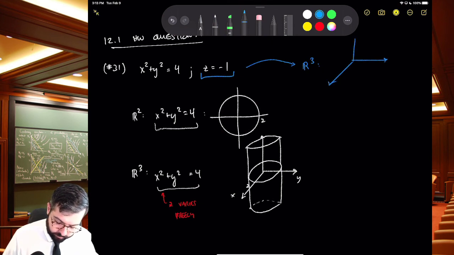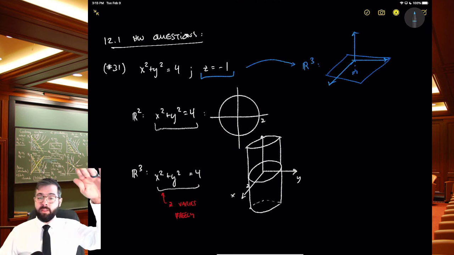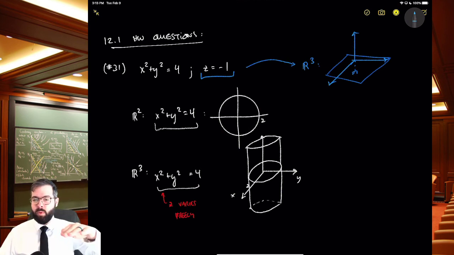It's a plane perpendicular or parallel to the xy plane. Yeah, it's parallel to xy, and it's down one notch here. It's a plane that lives one floor below the xy plane, so all the points that live on this plane have a z coordinate of -1.